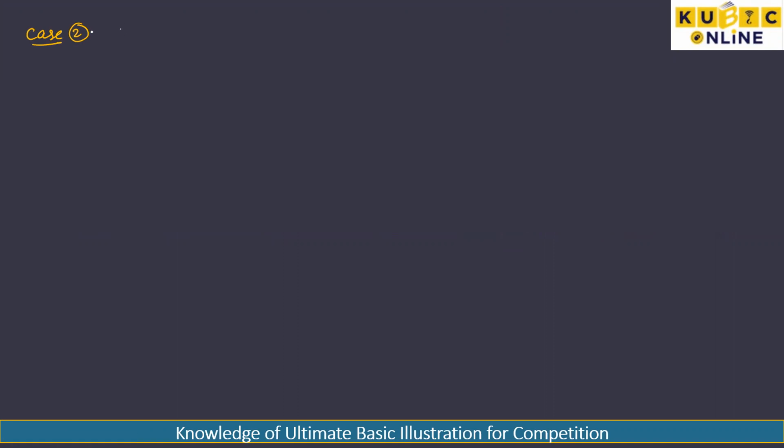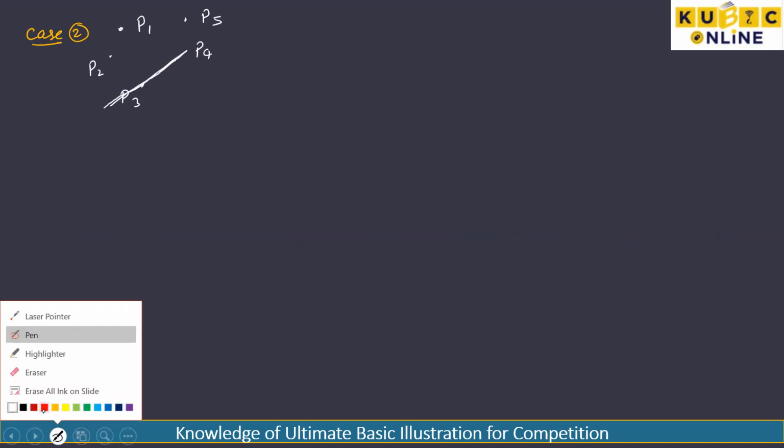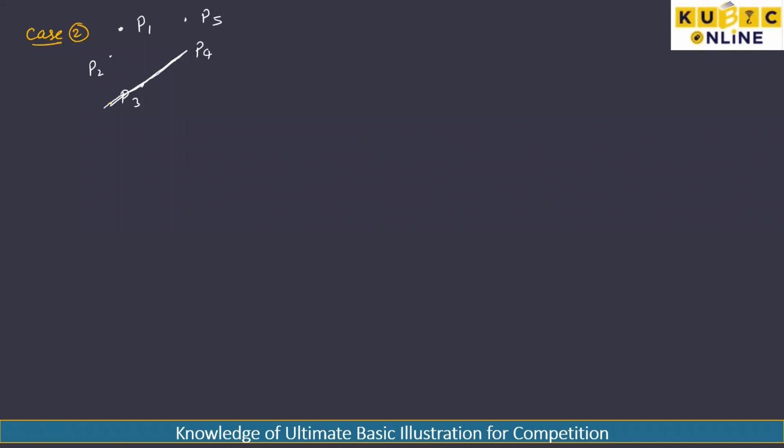Now let's see case 2, and in case 2 let us consider we have 5 points P1, P2, this is P3, and this is P4, and this is P5. If you draw the lines joining these 2 points, how many such lines are we getting here? We are getting 6 lines, like this, like this.